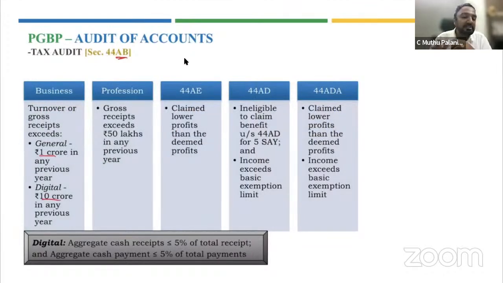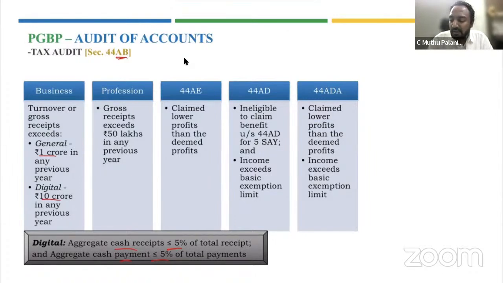When you say digital business, we are not talking about IT business. What we are saying is your cash receipt is less than or equal to 5% of total receipt, and your cash payment is also less than or equal to 5%. So if you're a business, the general tax audit limit is 1 crore, but it is 10 crore when your cash receipt and cash payment both are not more than 5%.